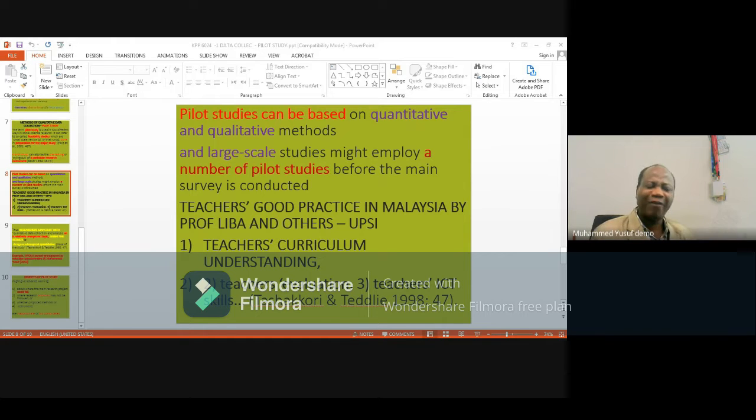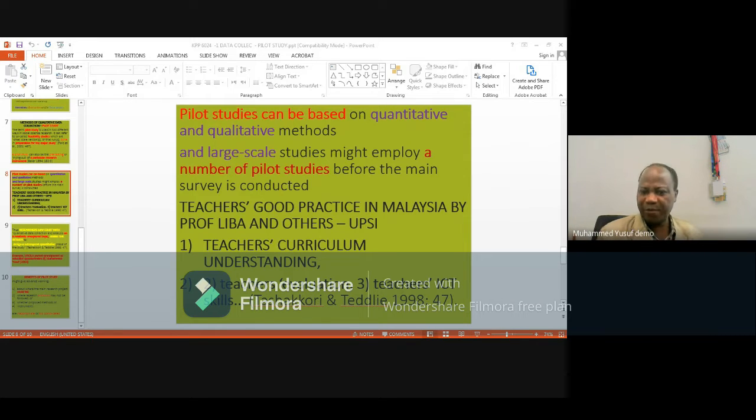Then you have to keep your instrument that was evaluated and checked by a specialist or by a group of specialists. You have to keep it in your attachment at the end of your research. By the time they comment, don't throw away the original one they commented on. Don't throw it. Okay? You get it stamped.